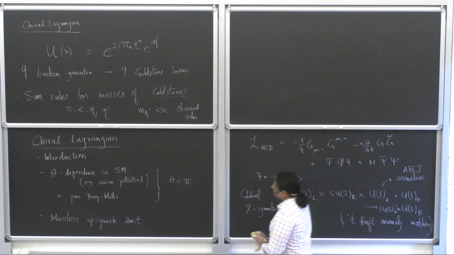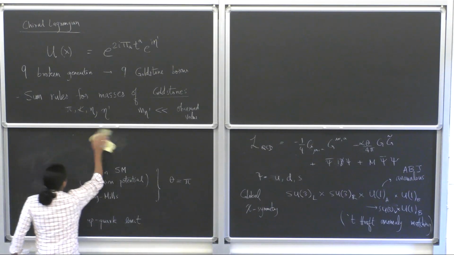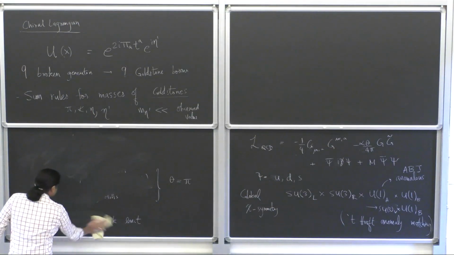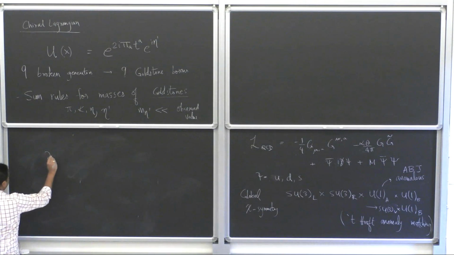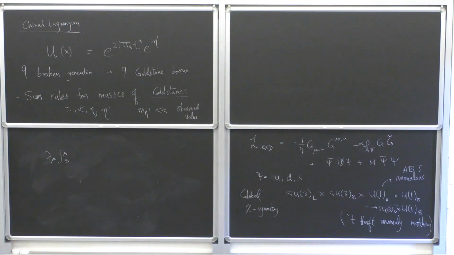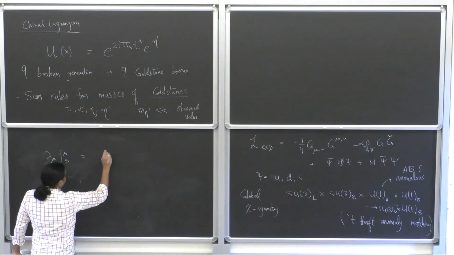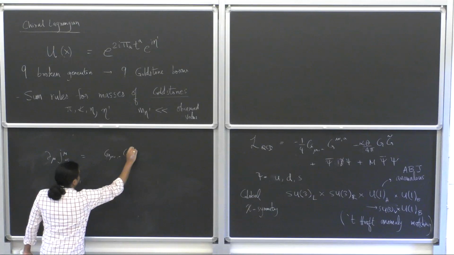In other words, it's not just an anomaly between global symmetries. When you write down, let's say, the divergence of the current associated with the U(1) axial symmetry, ∂_μ j^μ5, you get something like f G_μν G̃^μν.